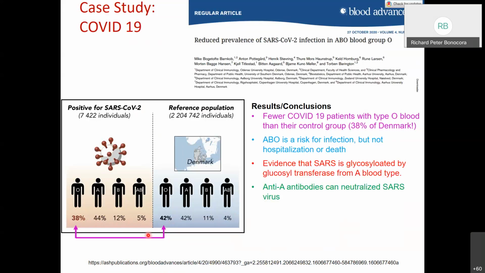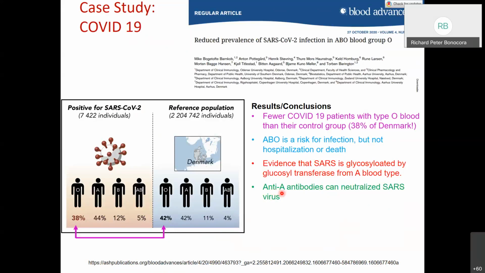And so there's evidence from work done with SARS, not COVID-19, in vitro, so biochemical assays, that SARS can be glycosylated by the glycosyltransferase from a blood type. So we've talked about this. Not only can the glycosyltransferase put its mark on the H substance on the human cell, it can also put a mark onto the virus itself.